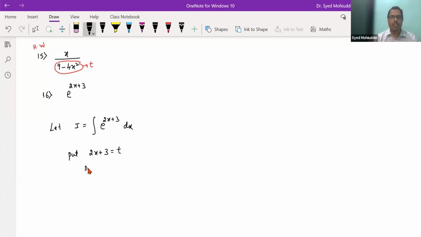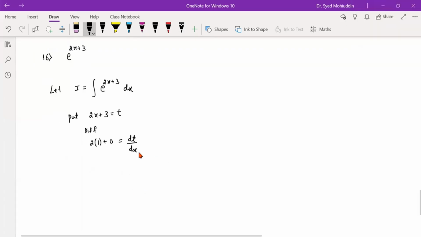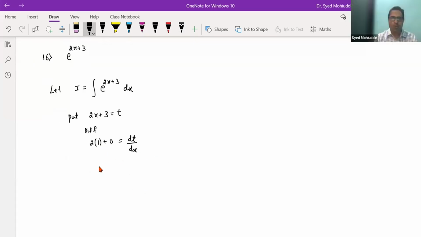Let's differentiate this. It is 2 into differentiation of x, which is 1, plus the constant 3, which is 0, and differentiation of t with respect to x will be dt by dx, right? So 2 times 1 will be 2, so 2 is equal to dt by dx.